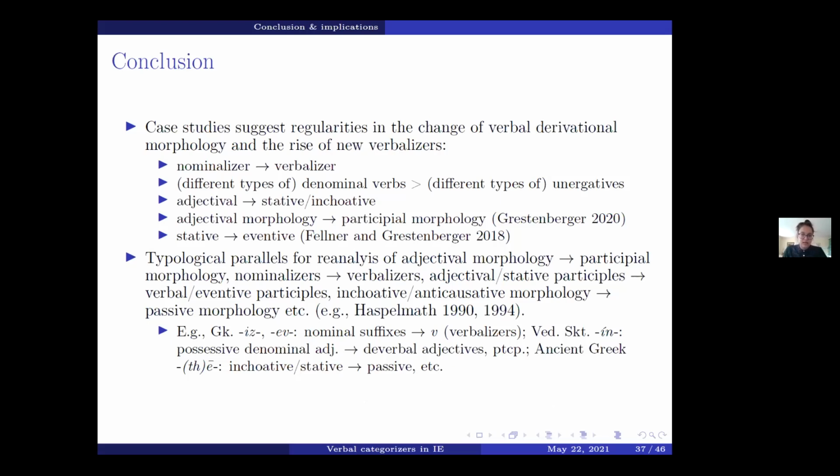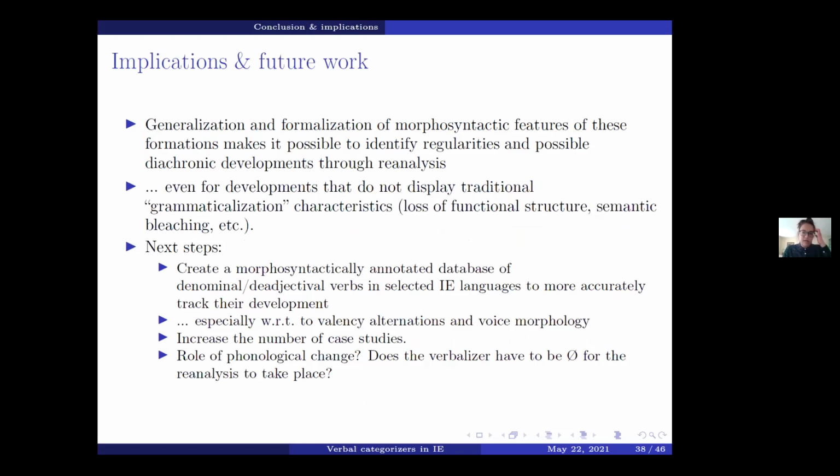So I think this type of generalization of morphosyntactic features of these formations makes it possible for us to identify regularities of diachronic developments in the derivational morphological domain through reanalysis, even for developments that don't display traditional grammaticalization characteristics.